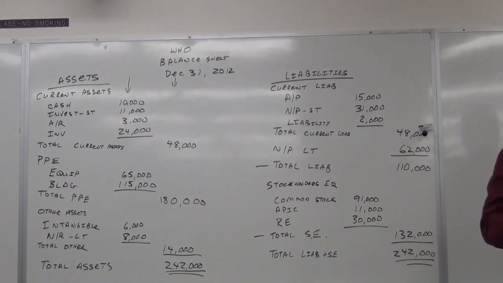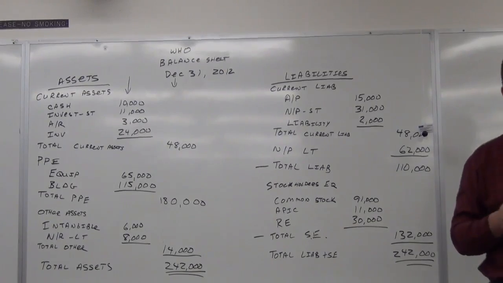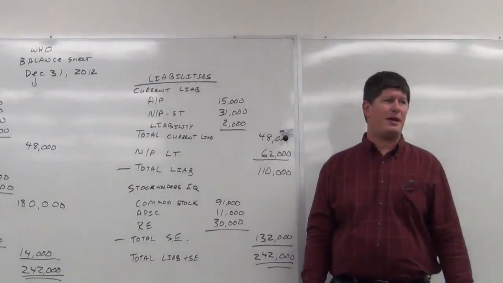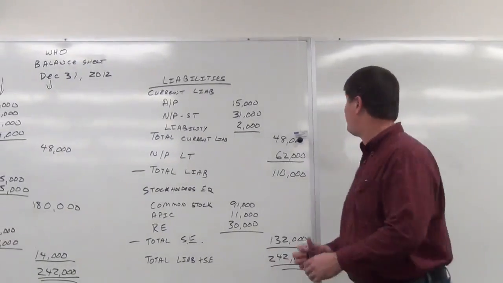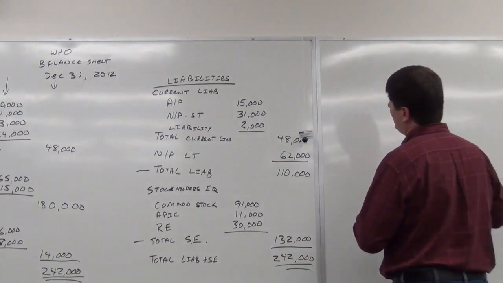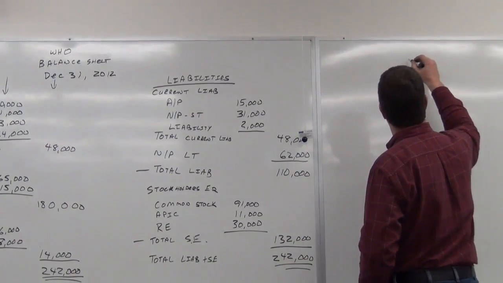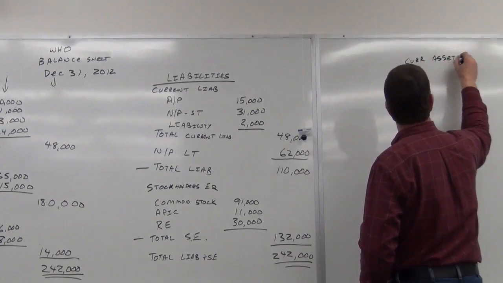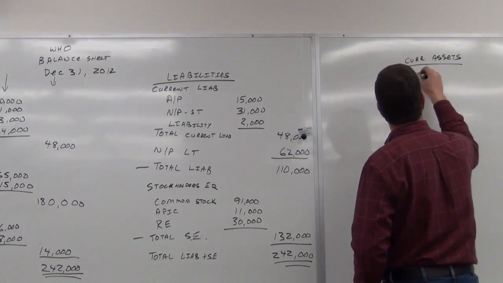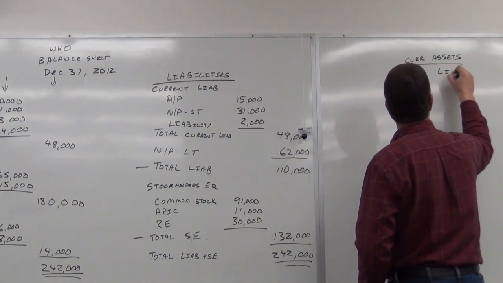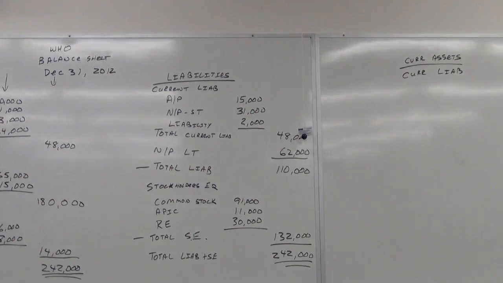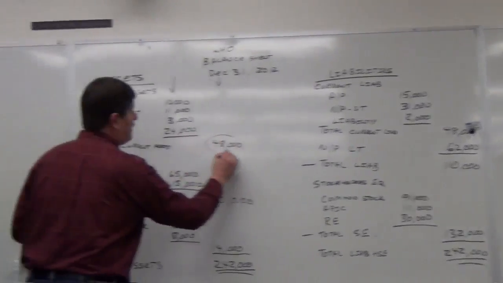Good? Does the book ask us to do anything else with this? Use the current ratio. Okay. What are the components of current ratio? Current ratio equals current assets divided by current liabilities. Where do I find current assets from? Right there.